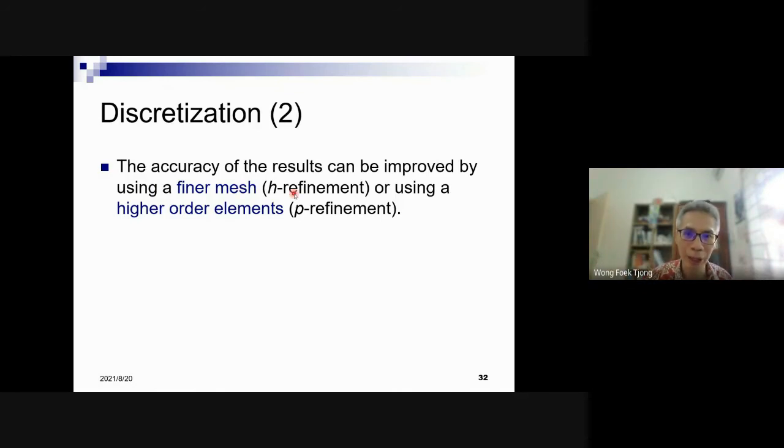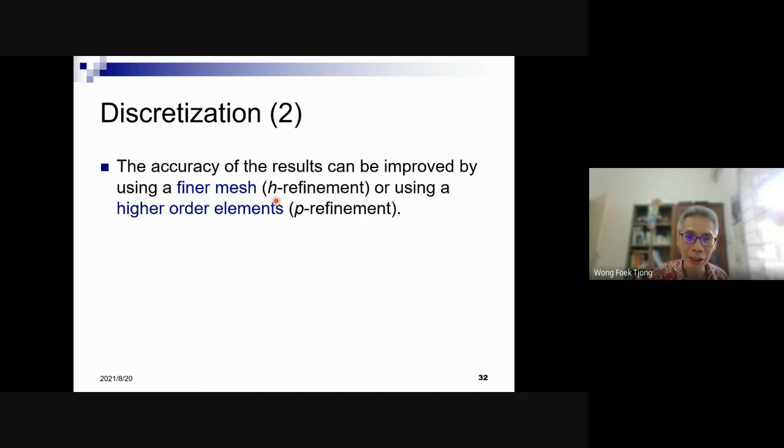That's called h refinement. h is the symbol for the size, mesh size normally. Or using another method that uses higher order elements, p refinement. P stands for polynomial, because we use higher order polynomial degrees in the elements.